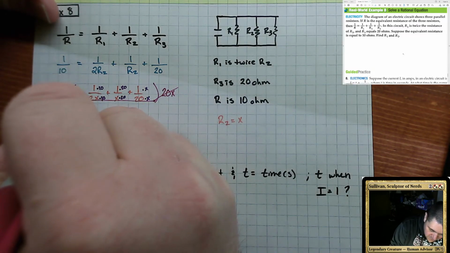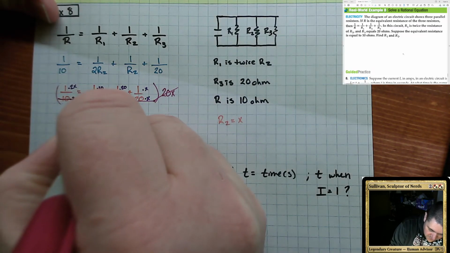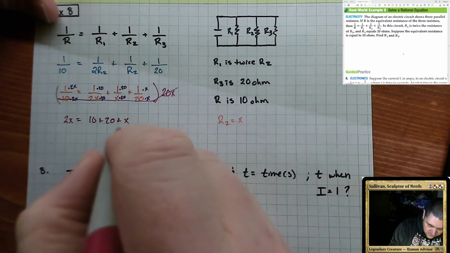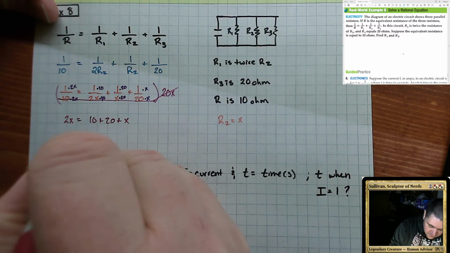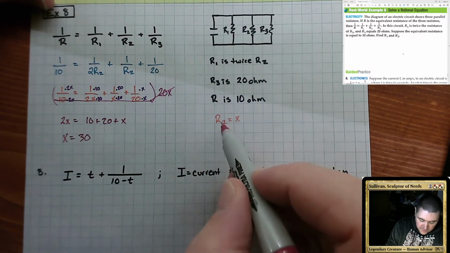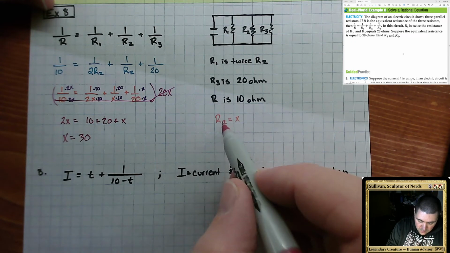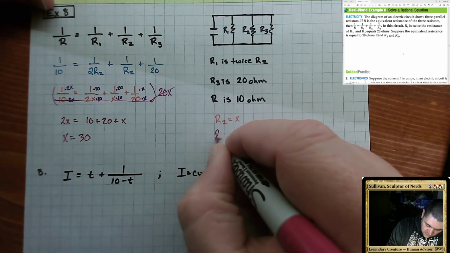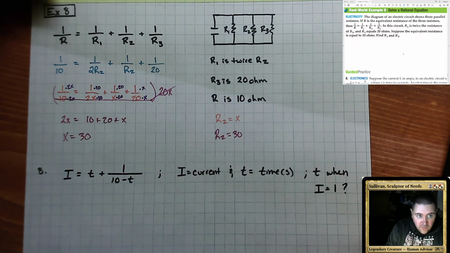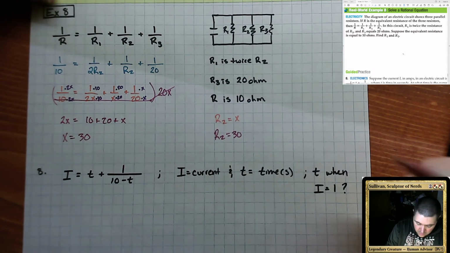Getting 2x is 10 plus 20 plus x. Subtract x. Combine like terms, x is 30. Now that's R sub 2. If R sub 2 is 30, I still need to go back and find what all of them are.